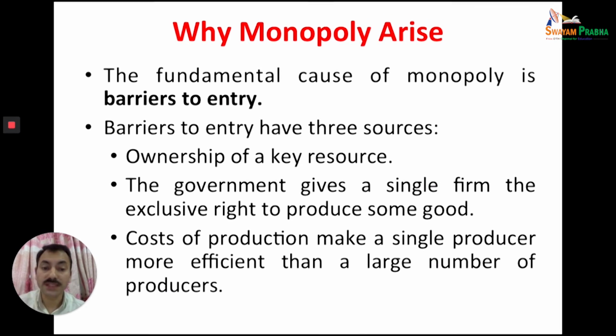Cost of production makes a single producer more efficient than a large number of producers. If a particular firm can produce at a very low cost compared to other firms, it can become the monopolist, because it has full control over the market.